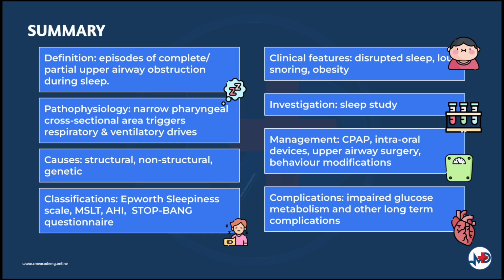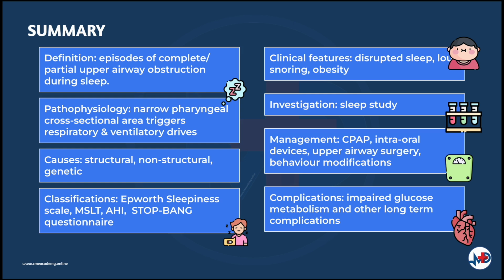Symptoms include disrupted sleep, recurrent central apnea, and symptoms of oxyhemoglobin desaturation, loud snoring, gasping, choking, and interruptions in breathing while sleeping. Diagnosis can be made based on the Epworth Sleepiness Scale, multiple sleep latency test, apnea-hypopnea index, and STOP-Bang questionnaire.